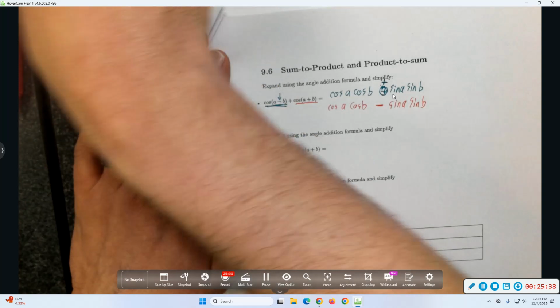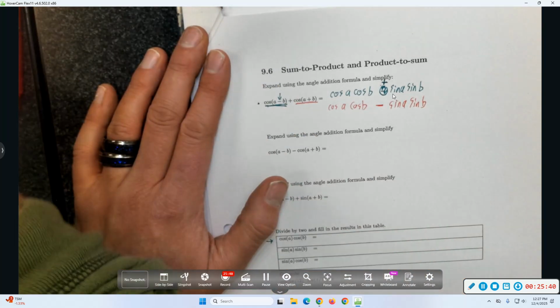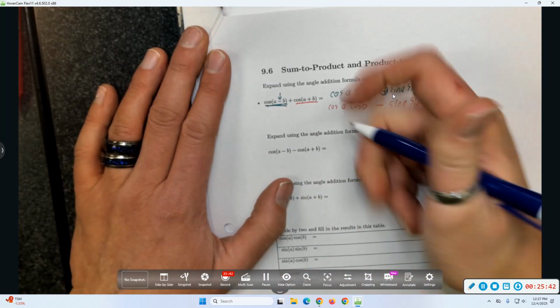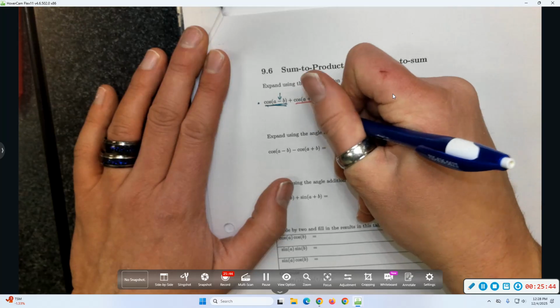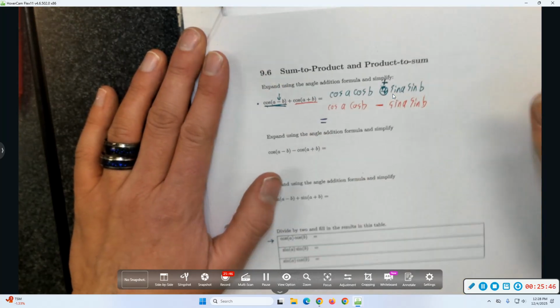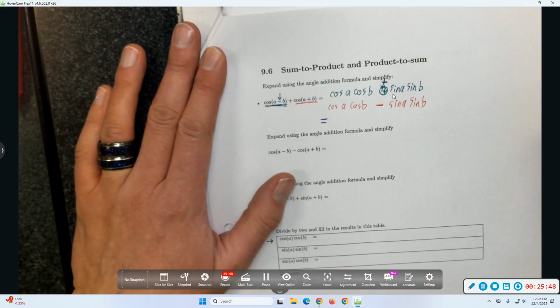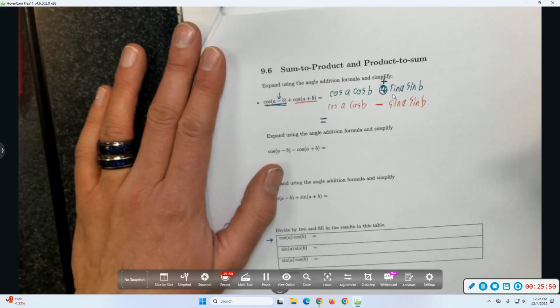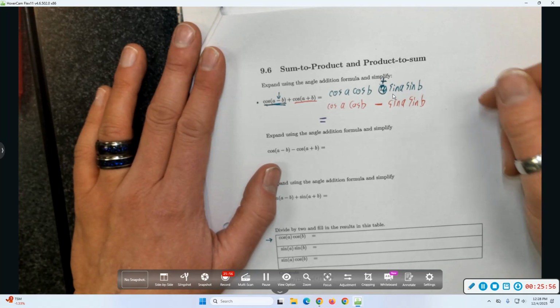And an interesting thing's about to happen from the point of view of that almost error that just happened. What do you get when you add those together? I've stacked them to make it easier to add. Two cosine a, cosine b.